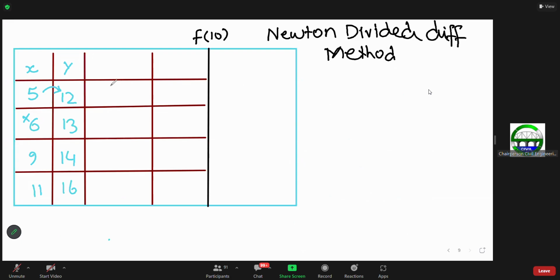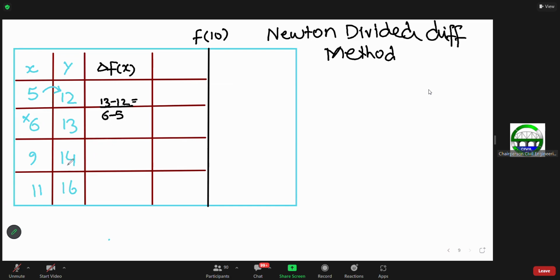So in here, we will find del f of x first. How will we find del f of x? It will be equal to 13 minus 12 divided by 6 minus 5. What will be the value? Meanwhile, please calculate this one.